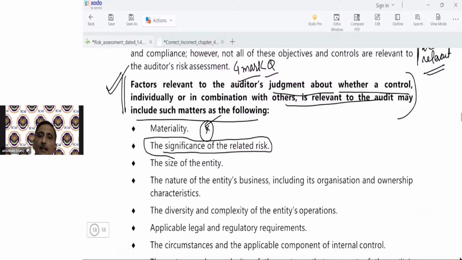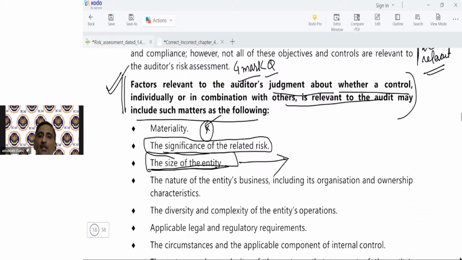Similarly, the size of the company. If there is a very significant control and the size of the company is also large, then if the control is not operating satisfactorily, or it is a faulty control, then it could have a huge impact. It could have a multiplier effect. It may affect many elements of financial statements.